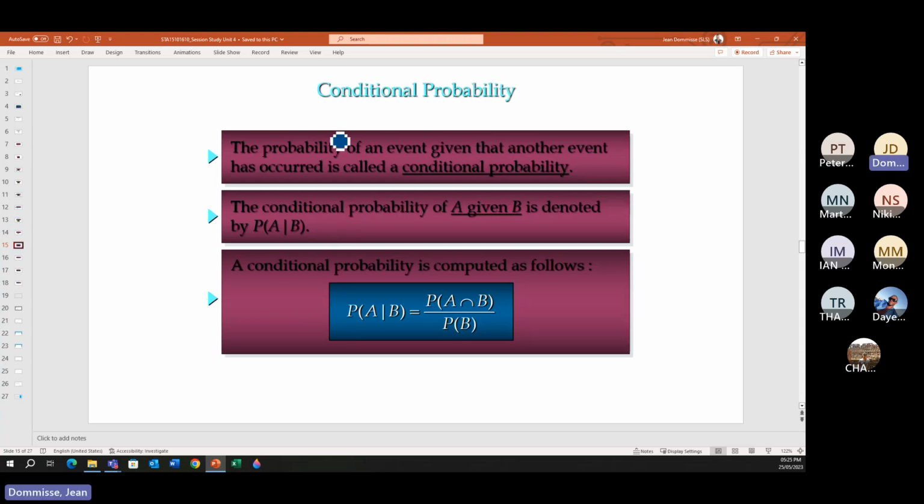Then there is conditional events or conditional probability that also happens.